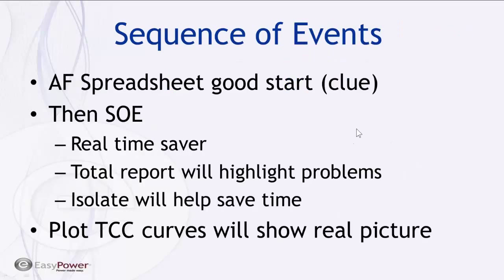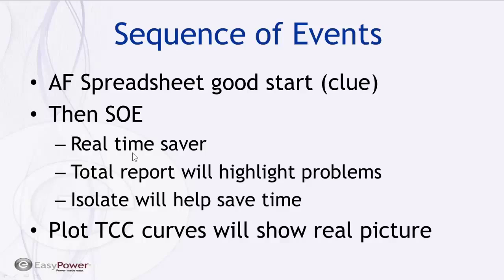One of the tools that's part of the coordination module is the sequence of events report and calculator. What I like to start with is the arc flash spreadsheet when we first complete the one-line diagram, and then go to the sequence of events calculator to make sure I'm somewhere close as far as coordination.